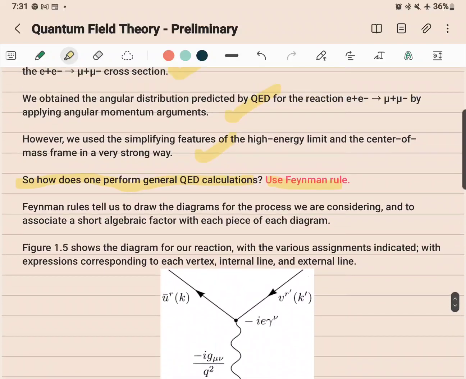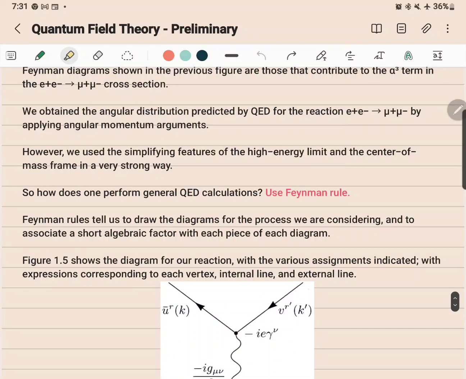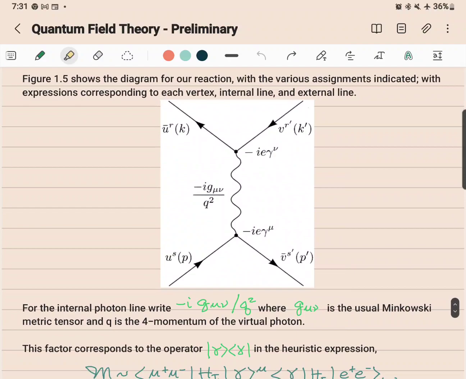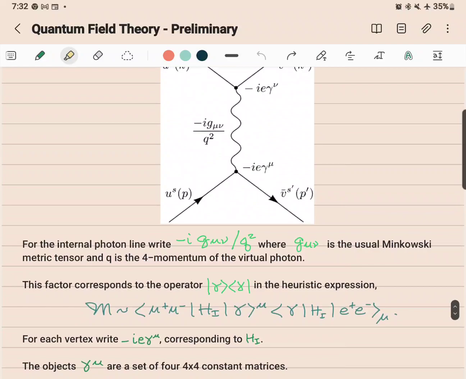Figure 1.5 shows the diagram for our reaction with the various assignments indicated in the expression corresponding to each vertex, internal line, and external line. So for the internal photon, we write negative i g mu nu over q squared, where g mu nu is the usual Minkowski metric tensor, and q is the four-momentum of the virtual photon.